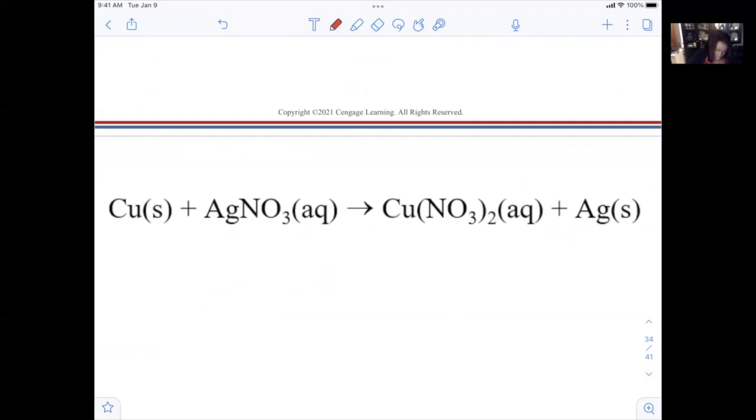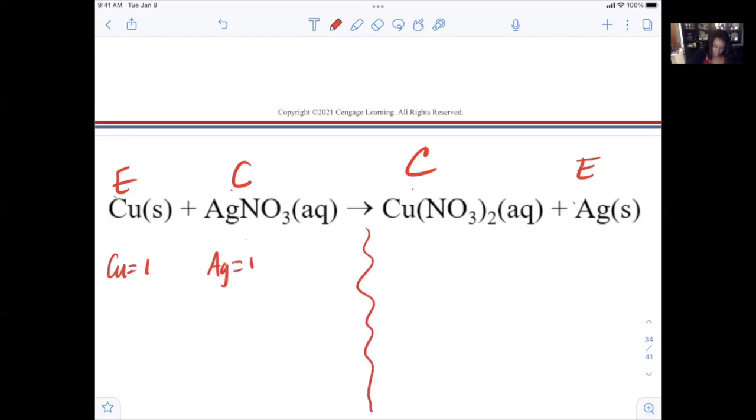Okay, let's see. Copper is an element. Since we have many of these letters here, definitely a compound, right? Many letters, many elements, compound; a single element, element. So this is a classic single replacement reaction. Then we have to balance this. So in balancing, I got copper, 1. Silver, 1. Nitrogen, 1. Oxygen, 3.